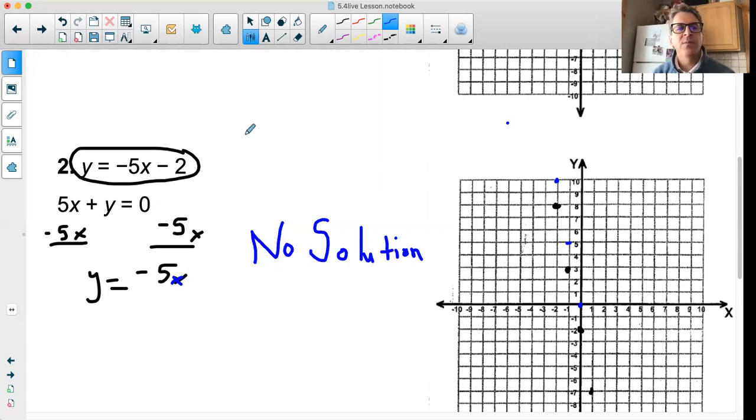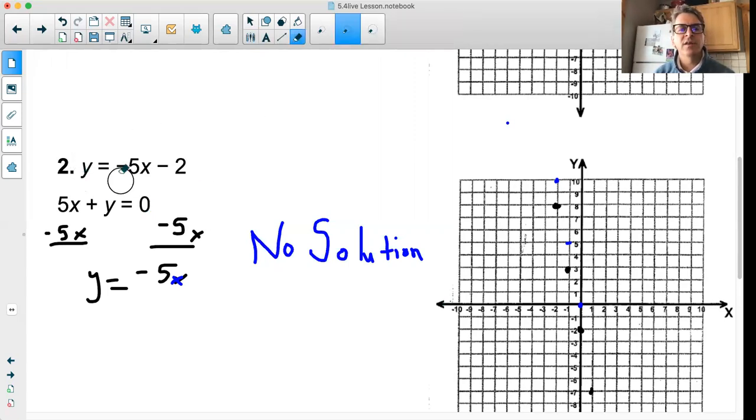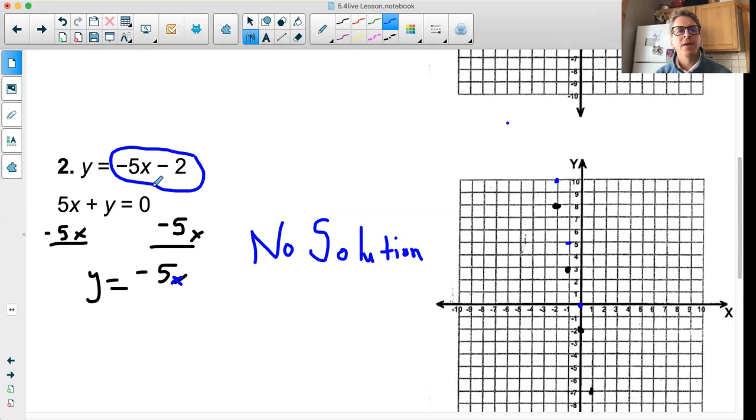The second way would be to use your substitution. And you have y here. You've got your negative 5x minus 2 is equal to y. You could substitute that down into this equation here.